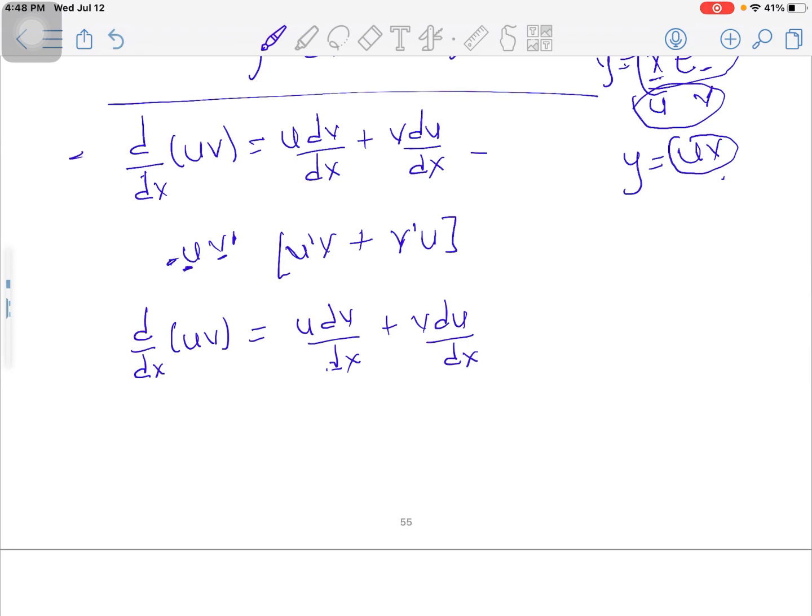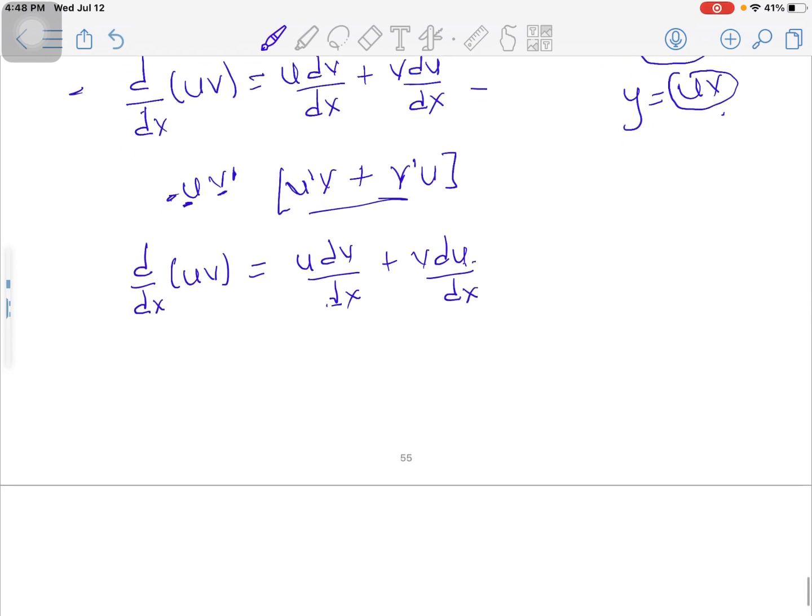As I said earlier, dv/dx is the differential of v and du/dx is the differential of u, and we multiply by u and v separately as I explained over here. Now let's multiply all sides by dx.